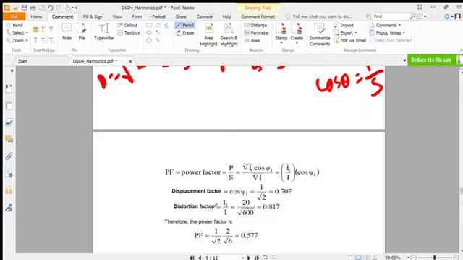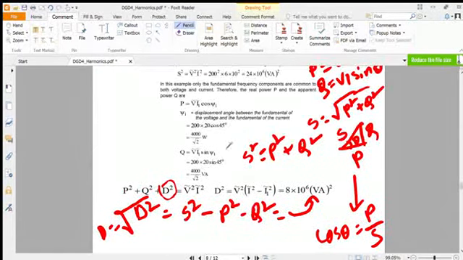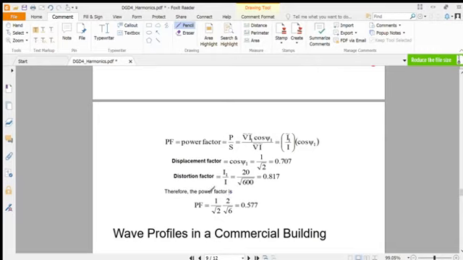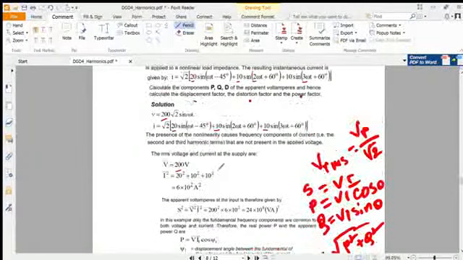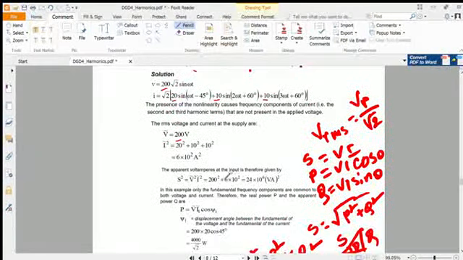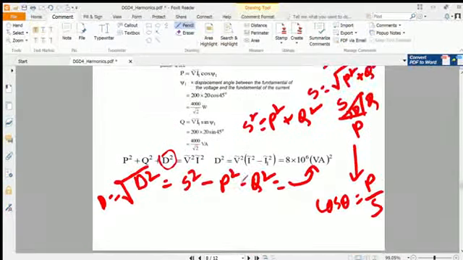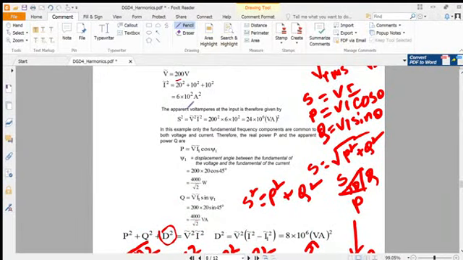So now the displacement factor is cos psi 1. We see cos psi 1 is 45 degrees, which is 1 by root 2, and the distortion factor can be defined as I1 over I. I1 is 20, and this is the I, because you see it's 600 ampere square.